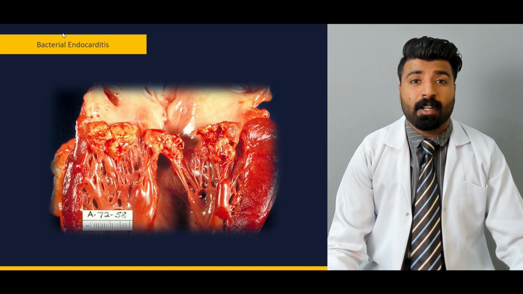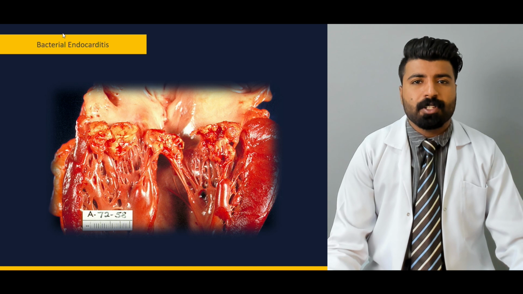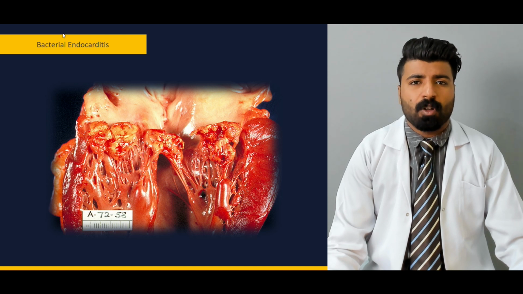So let's talk about which bacteria are going to cause bacterial endocarditis. The bacteria which cause this are basically Staphylococcus aureus, Streptococcus pyogenes, and these groups of bacteria. Even Streptococcus epidermidis is also involved.